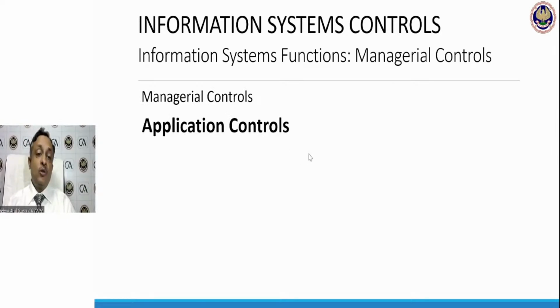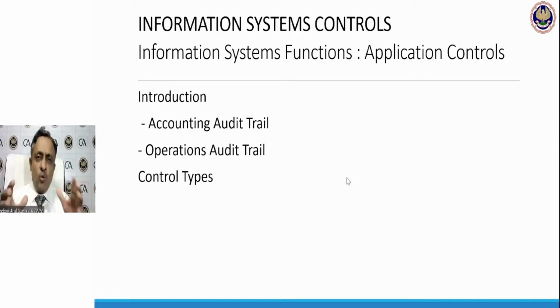Then application control, this is an important topic. Two basic parameters have been brought in under application control. Now, please understand, when you say application control, the best thing you can remember is Tally as an application. So controls for Tally, the way it is operating.